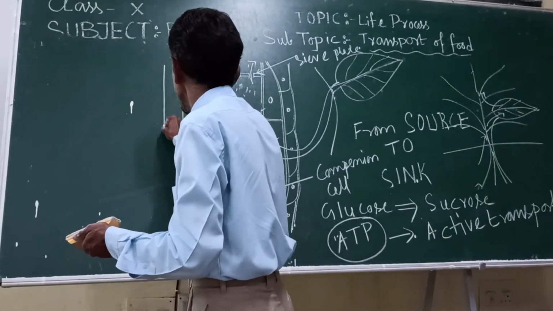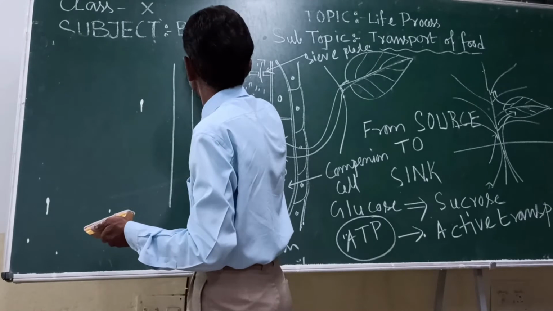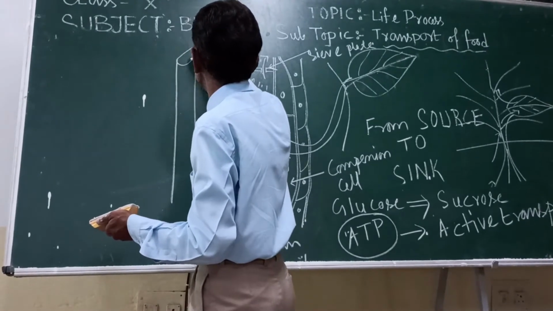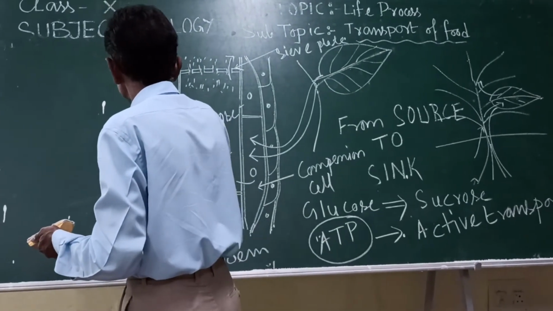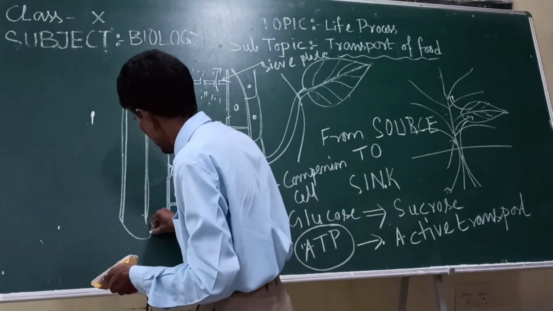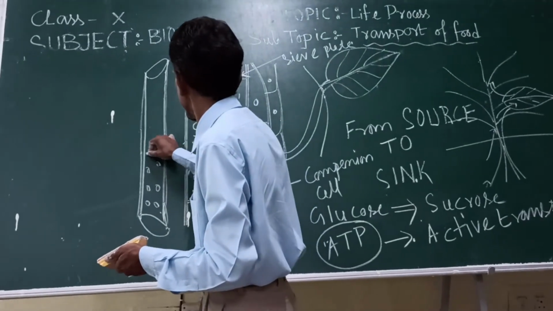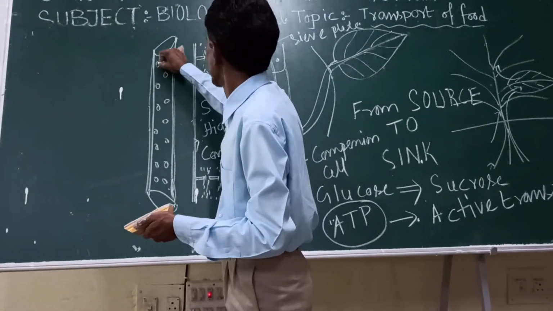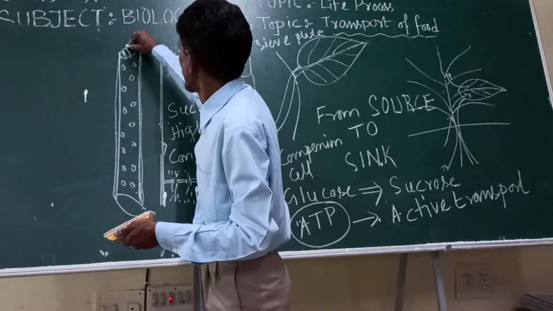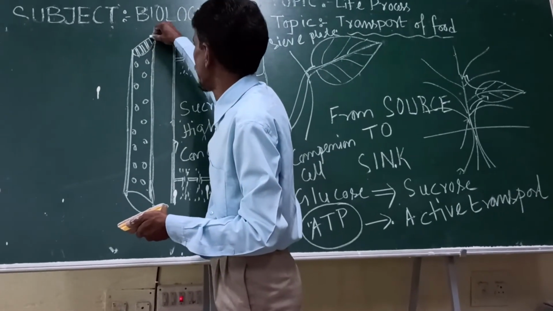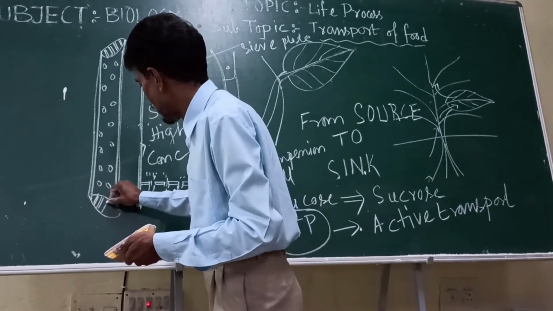Suppose this is the xylem vessel, having teeth, which I have shown you in my previous class also.